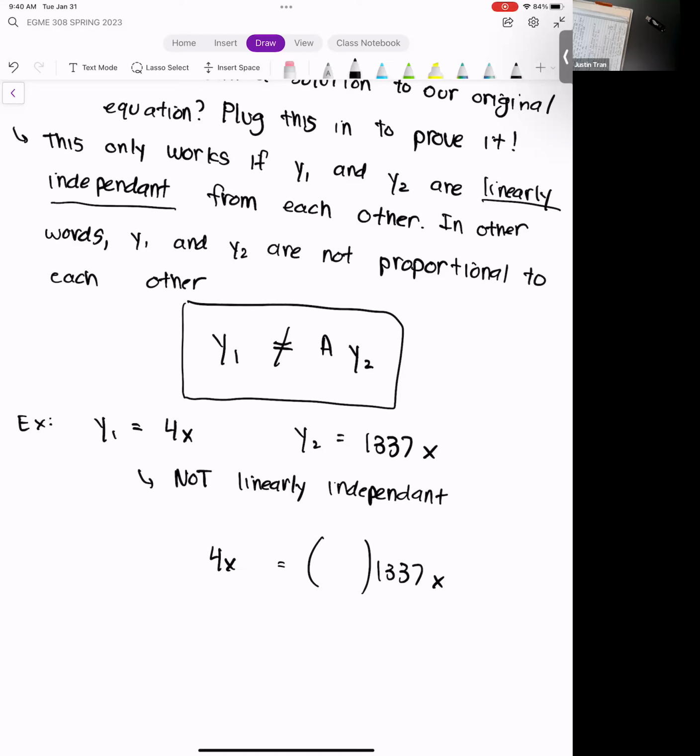If we define a constant a as equal to 4 over 1,337, then it would satisfy this equation.